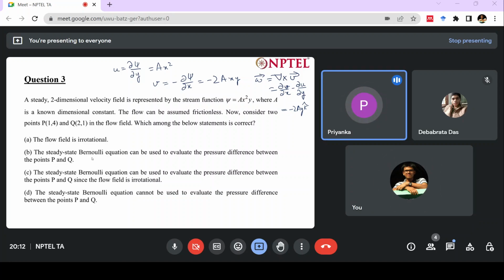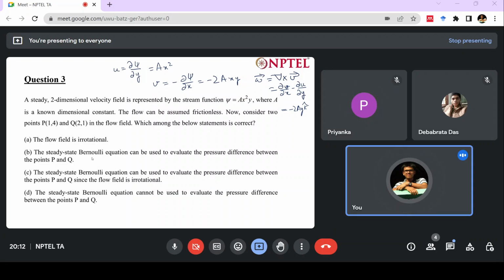In one method, we can directly put the points in the stream function. If we get the same value of the stream function, that means they lie on the same streamline. So that means steady state Bernoulli equation can be used to evaluate pressure difference.